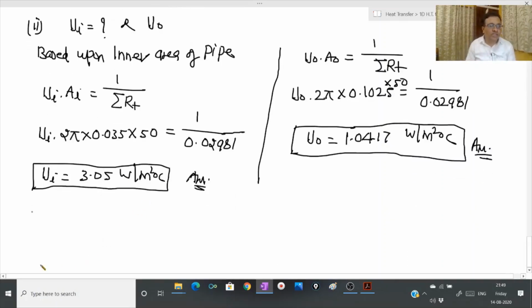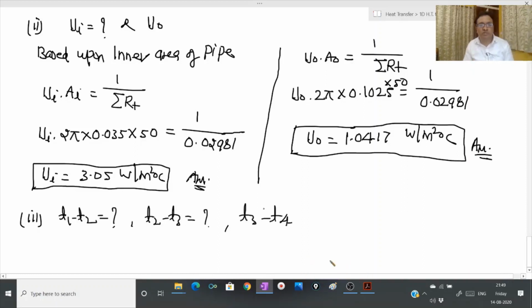And finally, let us calculate the temperature drops. T1 minus T2, T2 minus T3, and T3 minus T4. Now, how to calculate this?